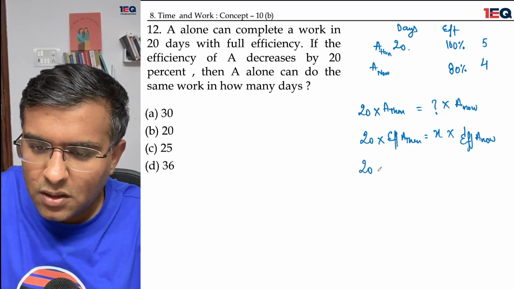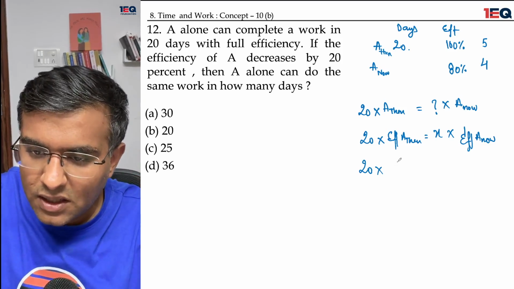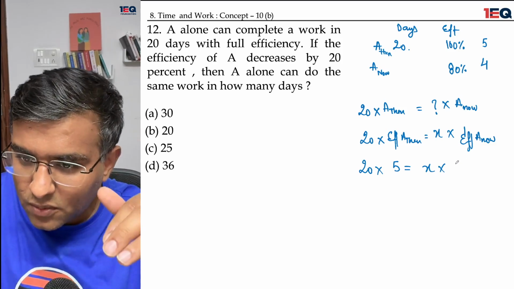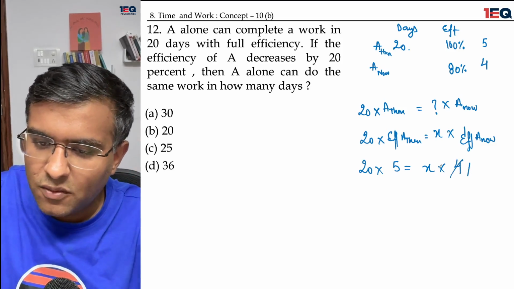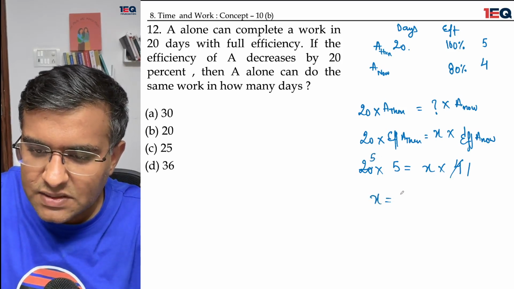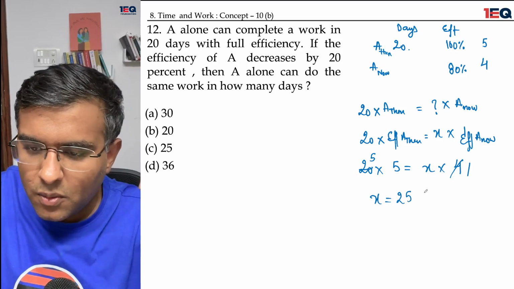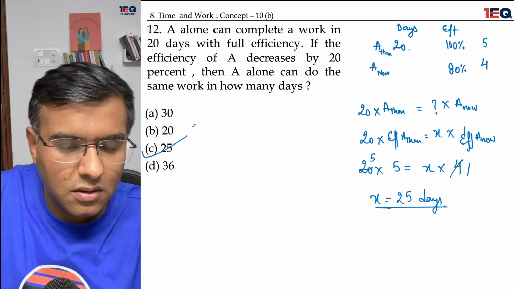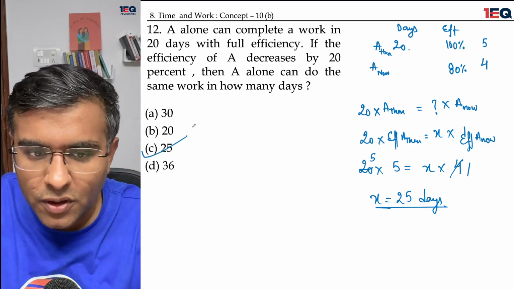So 20 multiplied by 5 is equal to X multiplied by 4. So 4 ones are 4, 4 fives are 20. So the value of X comes out to be 25 days. Right? I hope we're good.